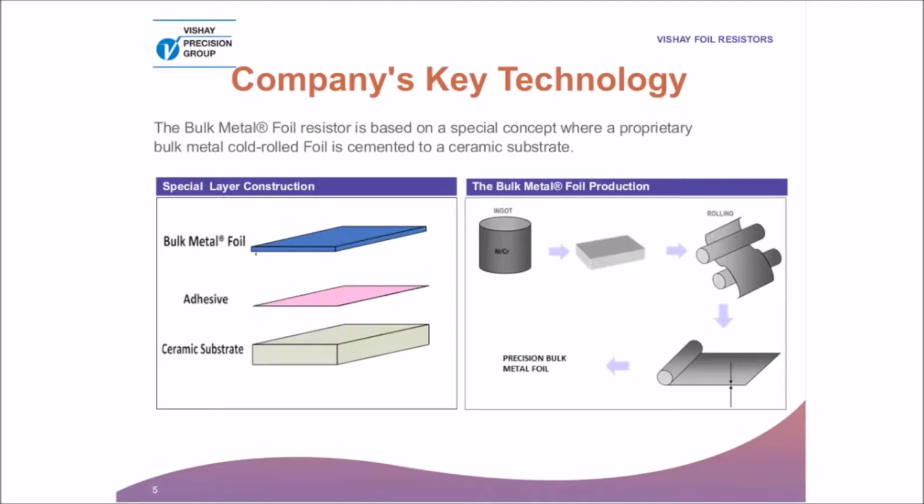It is rolled from an ingot of pure nickel chromium, and this foil is then used to produce the bulk metal foil element and the bulk metal foil resistor. Yes, what we've managed to do is balance or match the coefficients of expansion of the different materials. It ends up with a very stress-free, very stable, and very accurate resistor.